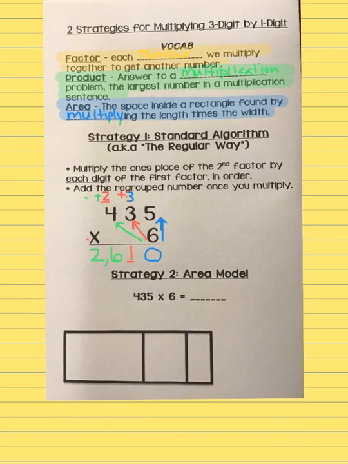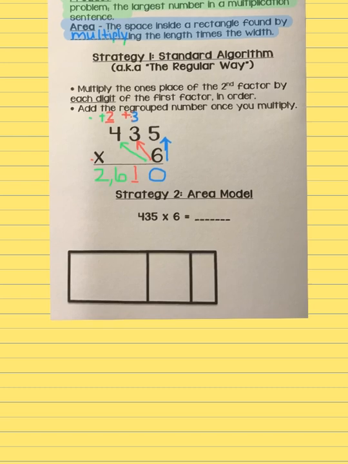Now we're going to move on to the area model. I know a lot of you don't like it, but I do want you to understand how it works. So we're going to take the same numbers, 435 times 6, and we're multiplying because area, look back up at your notes, area is the space inside a rectangle found by multiplying the length times the width.